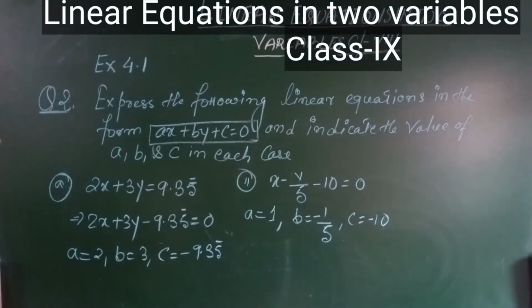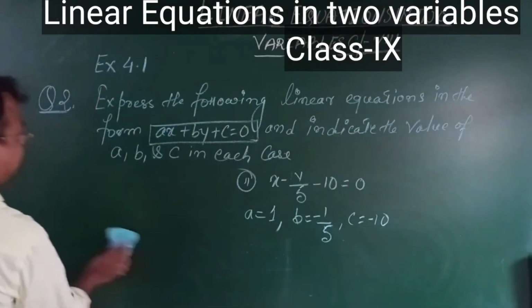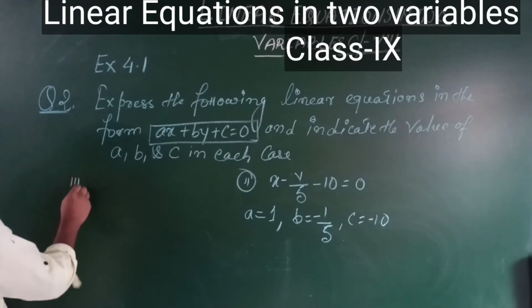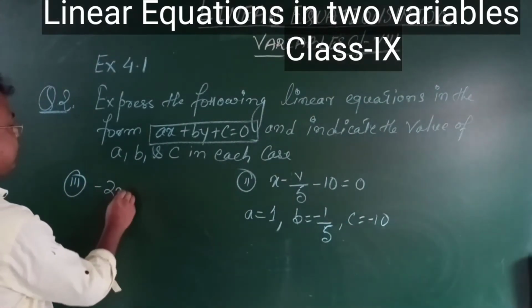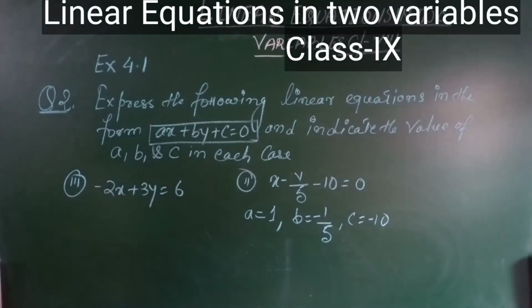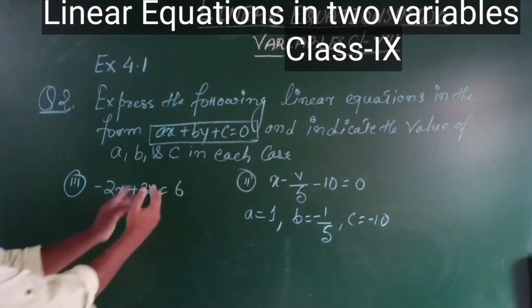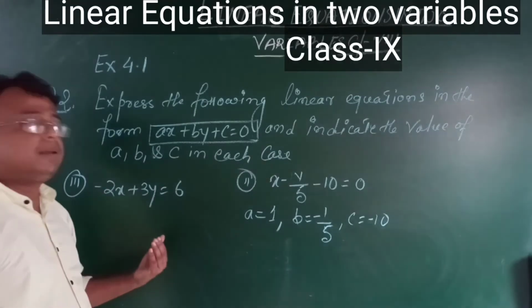Now the next question, let us see. It is minus 2x plus 3y is equal to 6. Now this one is also not in standard form because the constant term is on the right side. You see this constant term 6 is on the right side, so bring it to the left side.